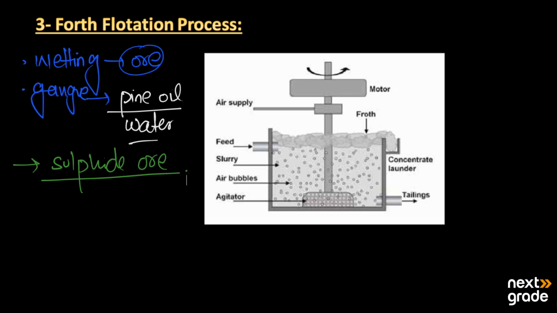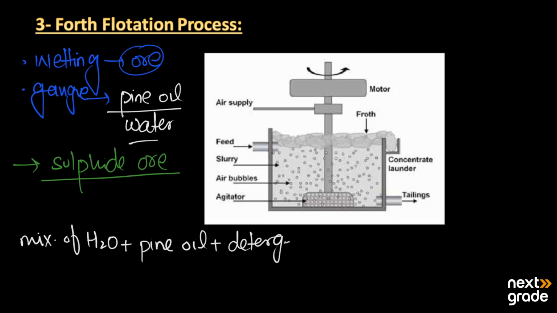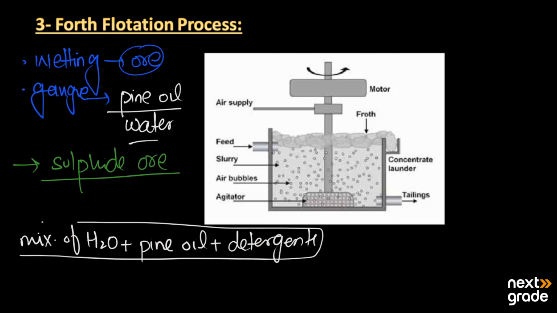In this method, we have a mixture of water. Three things we have to take: a mixture of water along with pine oil, plus we have to take detergents. So it includes three materials: water, pine oil and detergents.